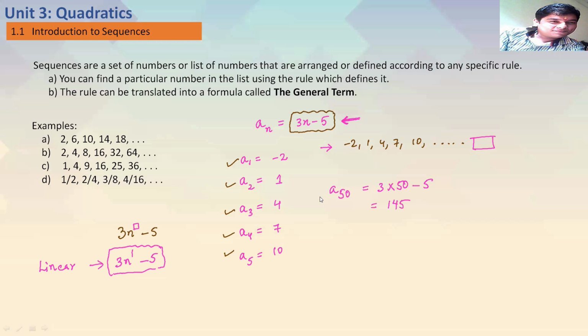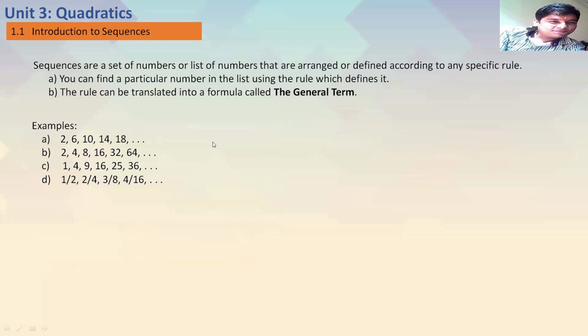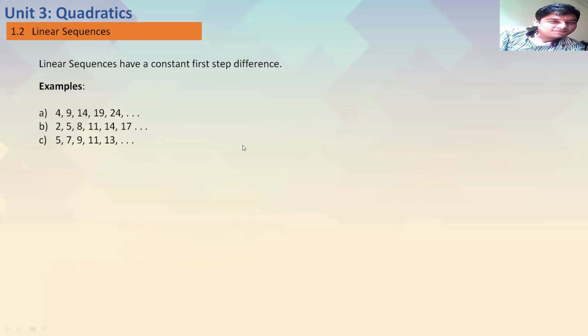There is a separate chapter which deals with these kinds of sequences. The sequence that I took over here has a constant first step difference. Are you getting the idea? So we are going to discuss two such sequences: one linear sequence and the other quadratic sequence. So focus on linear sequences first.